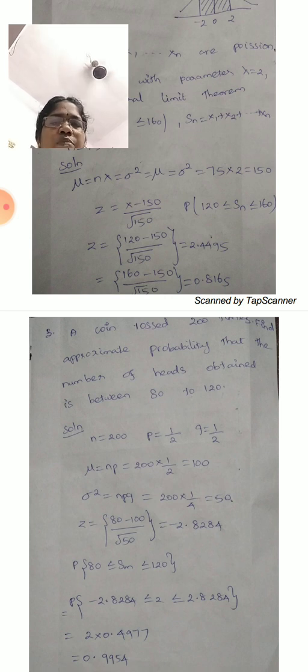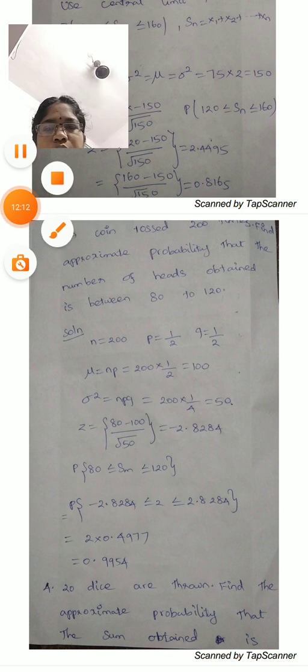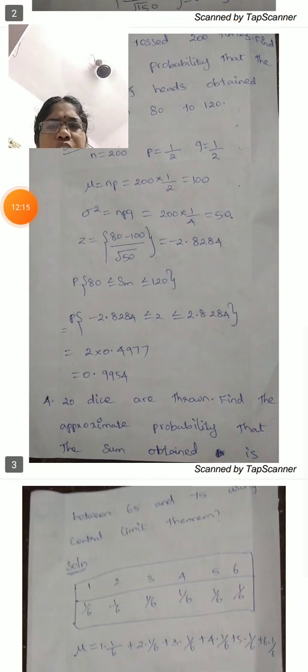From the normal table, the probability is 0.4977. We simplify this: 2 into 0.4977, therefore the answer is 0.9954.